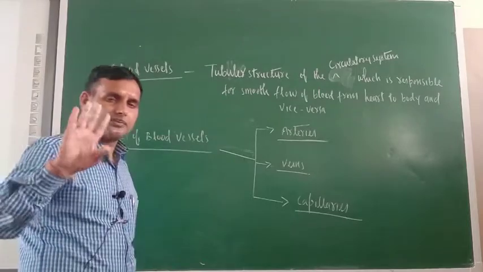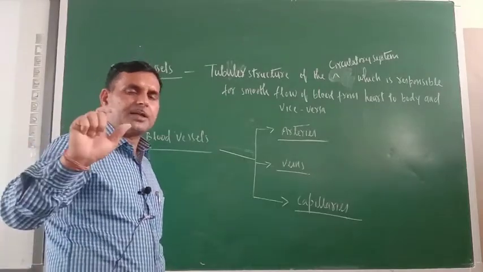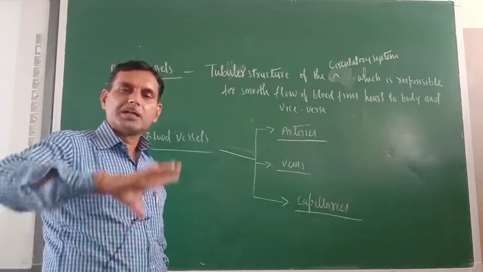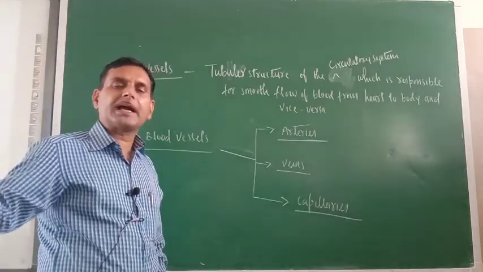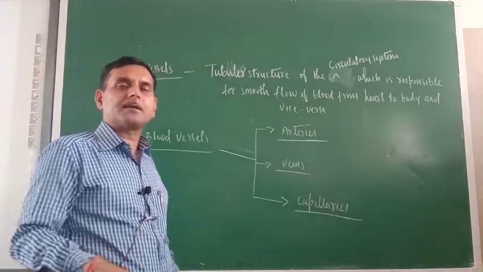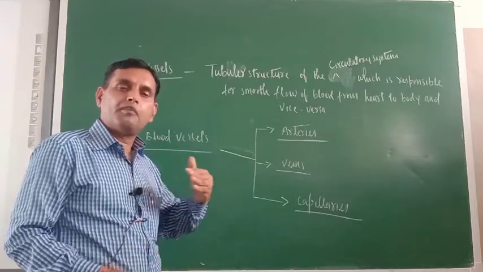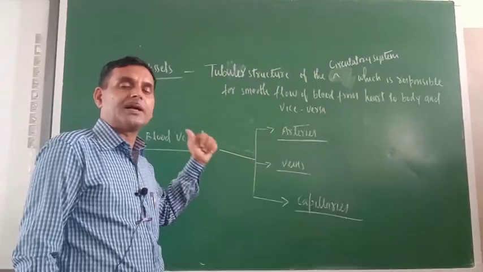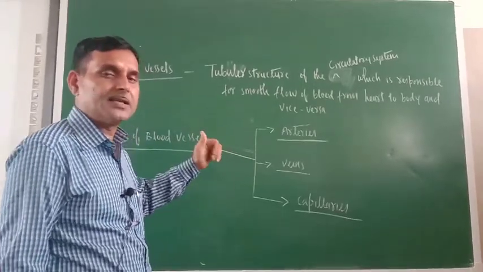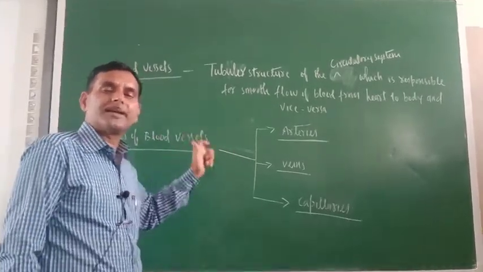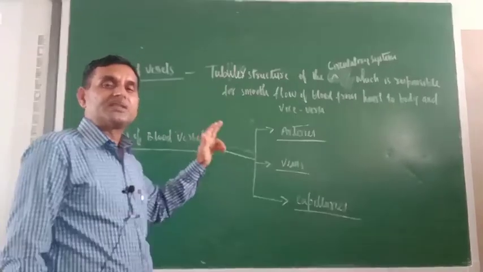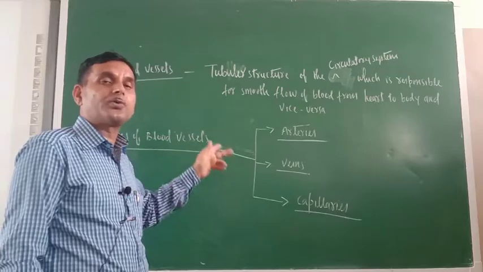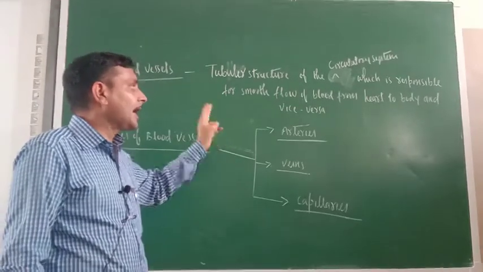Remember, it doesn't mean that blood will only flow from the heart to different parts of the body. The same blood should be collected from different parts of the body and flow back to the heart. That is why the complete definition of blood vessels is a tubular structure of the circulatory system, responsible for the smooth flow of blood from heart to different parts of the body and vice versa.